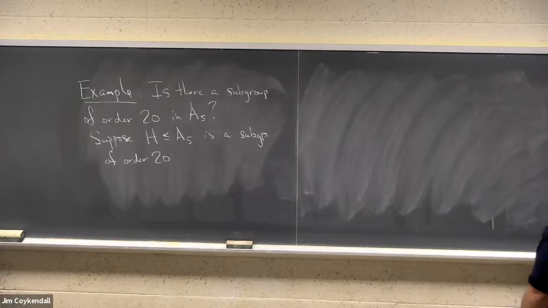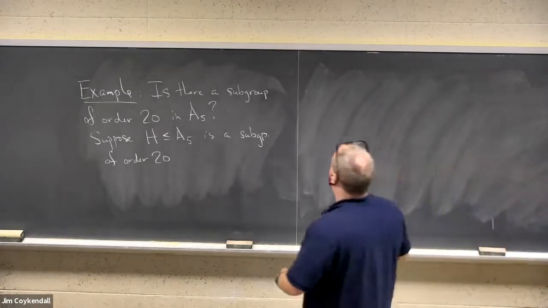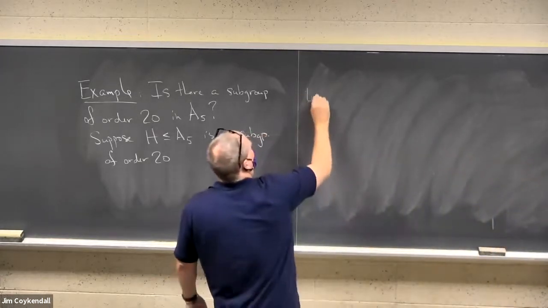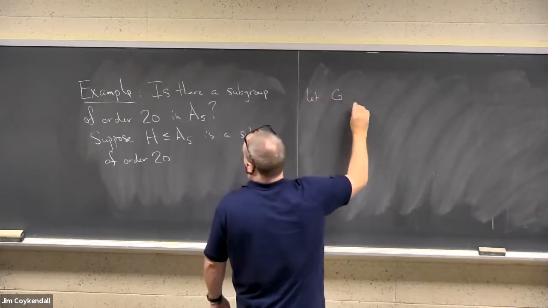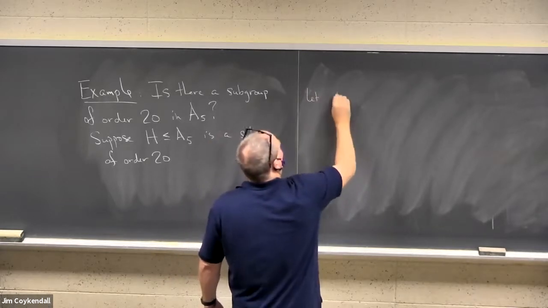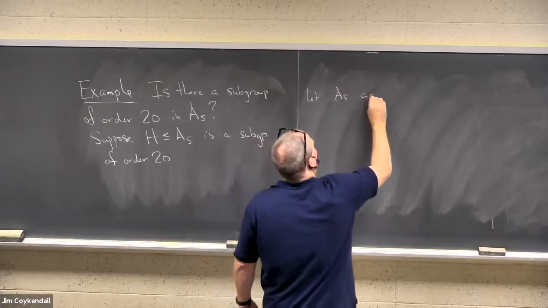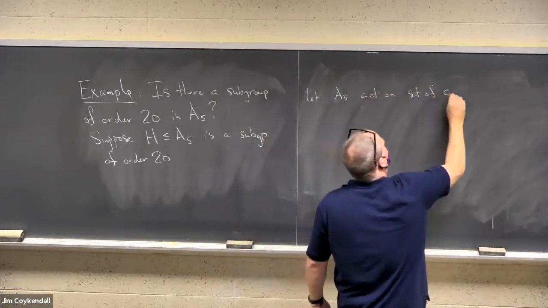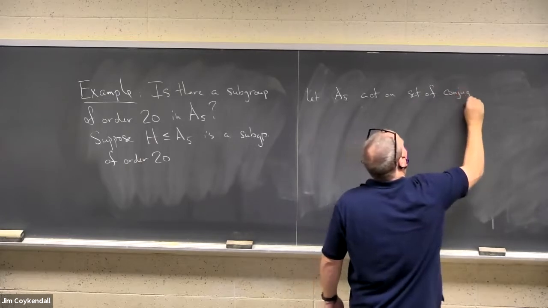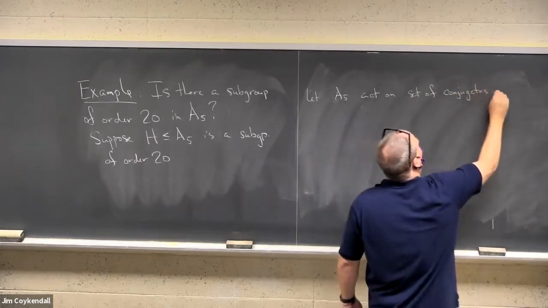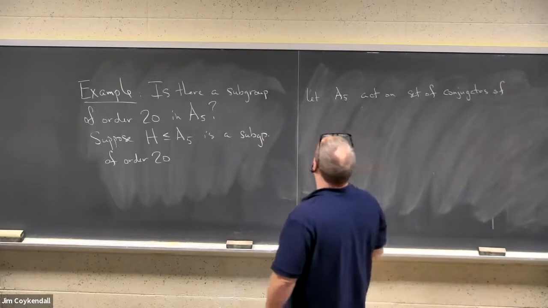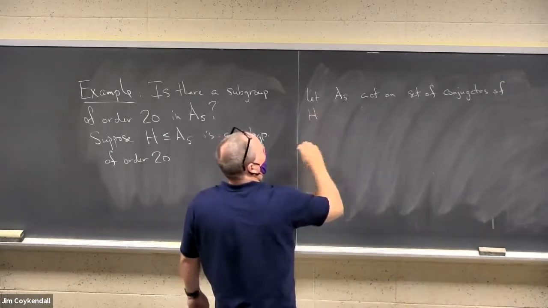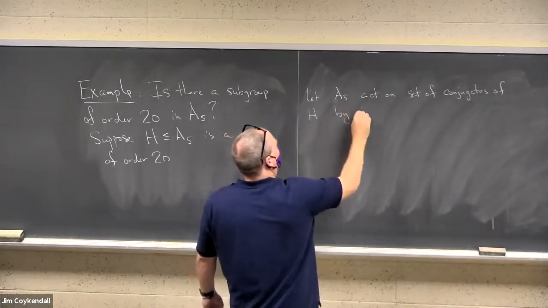Let G, that is A5, act on the conjugates of H by conjugation.